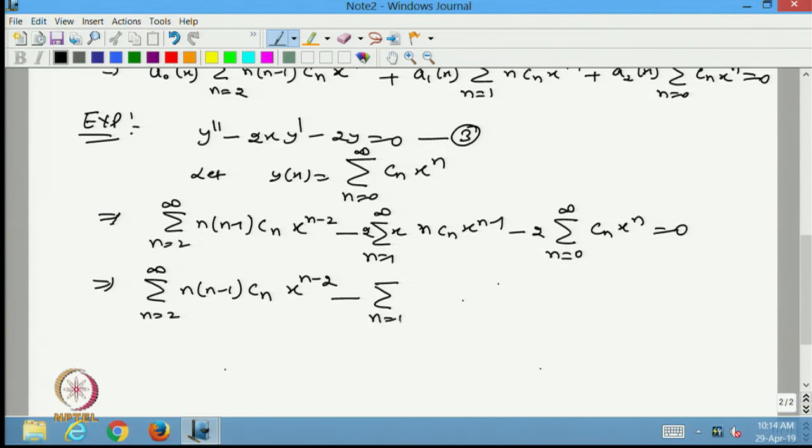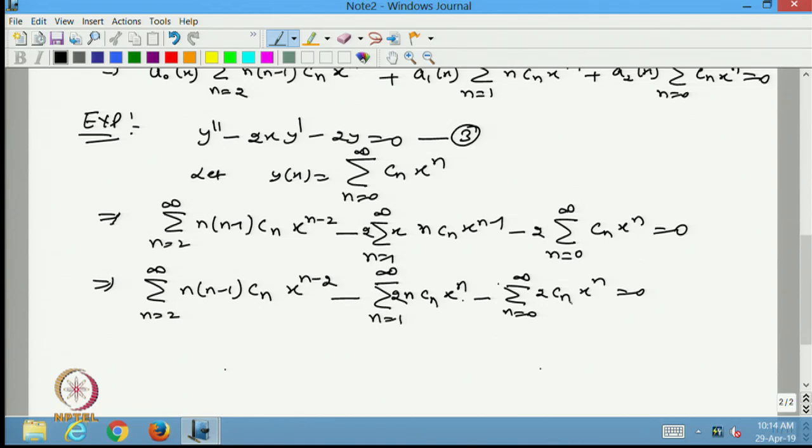So, I will get the first summation n from 2 to infinity of n minus 1 Cn x^(n minus 2), minus the summation n from 1 to infinity of 2n Cn x^n, minus the summation n from 0 to infinity of 2 Cn x^n, equal to 0.